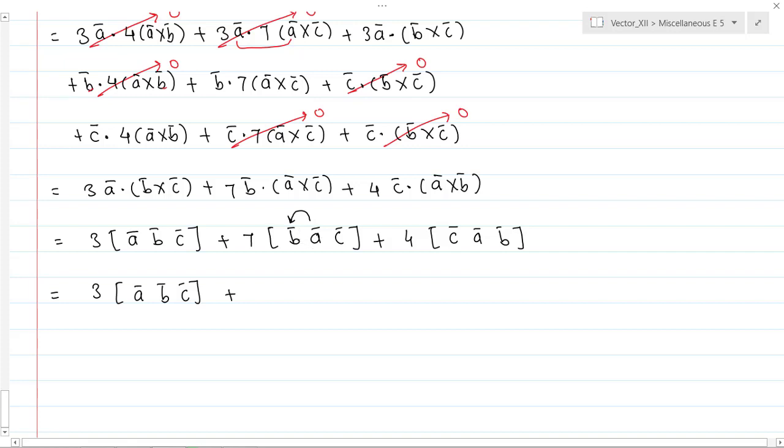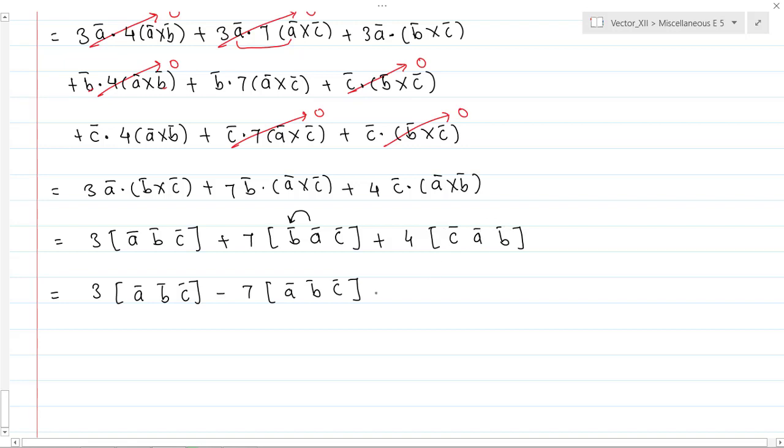So this will be minus of A bar, B bar, C bar, because only these two are getting interchanged in the non-cyclic fashion. And this is the property of the box product, that whenever you do the non-cyclic interchange, you will have a negative sign. Then again here if you see ABC, this is the cyclic change.